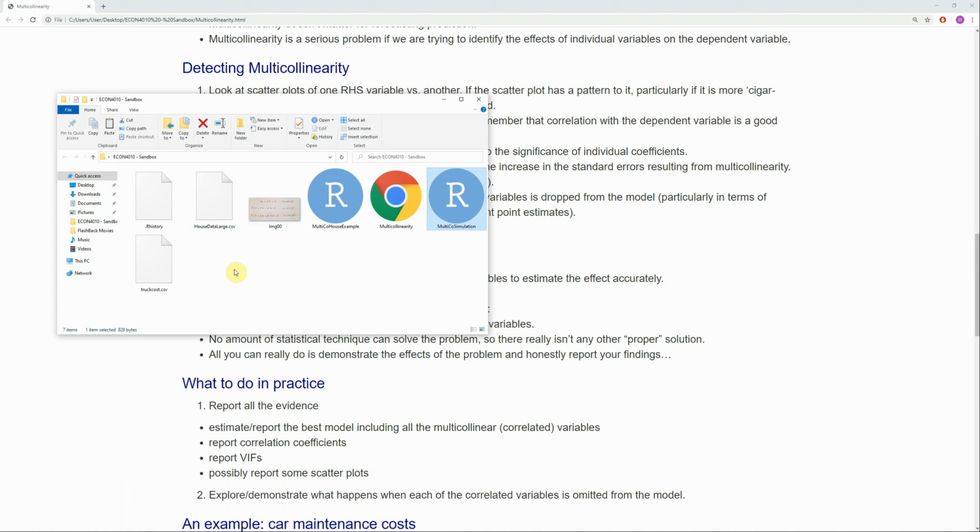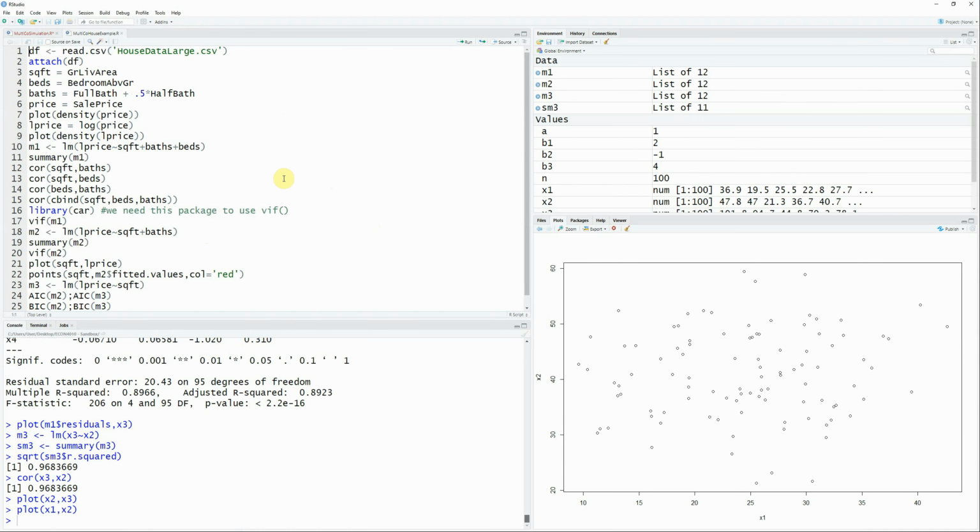However, it's not super huge, not in the order of 100,000s, but a couple thousand observations. So the multi-co-house example is the file that we're going to use and work with.